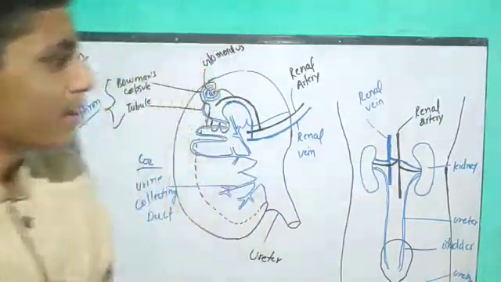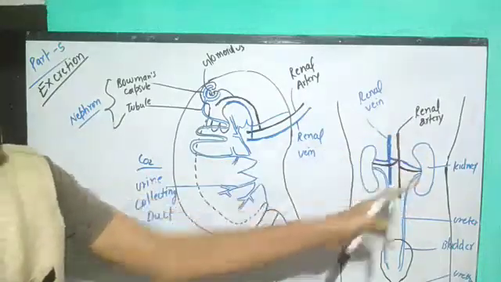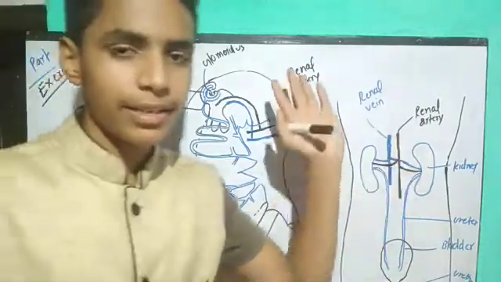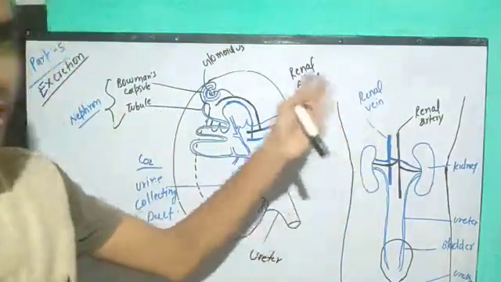We will see it later. They bring this through the renal artery to the kidney, where it gets purified, and it is sent back by the renal vein.